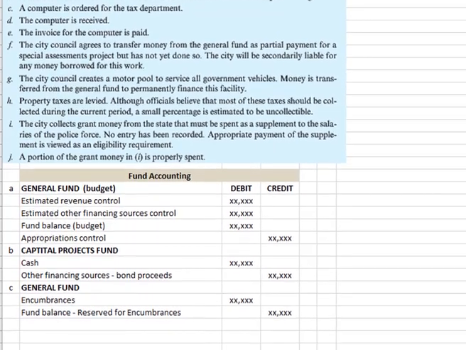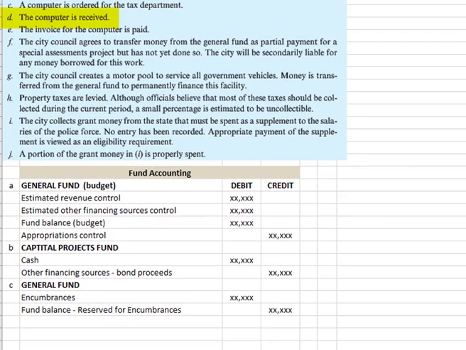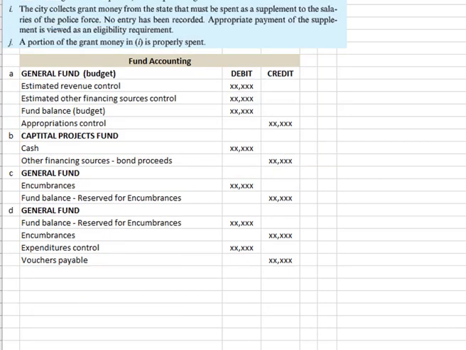What about D? Now we got the computer that we encumbered. So how does that work? Now we're just using X's here, but the amounts in these two may not match. So this reverses the encumbrance, and those two amounts will match.